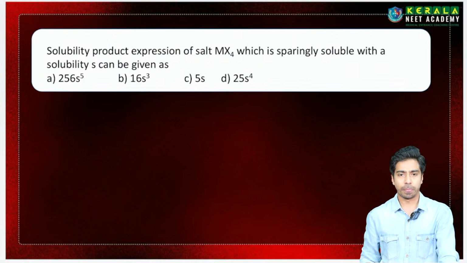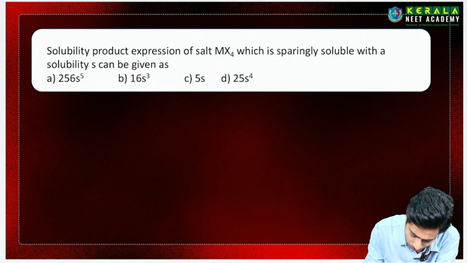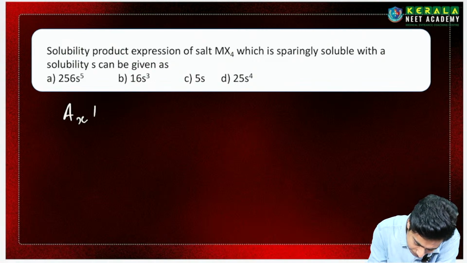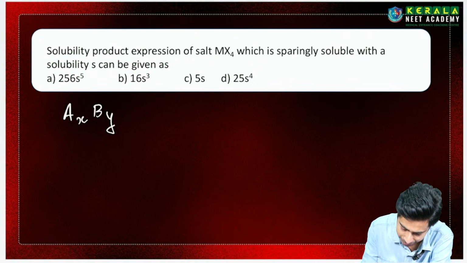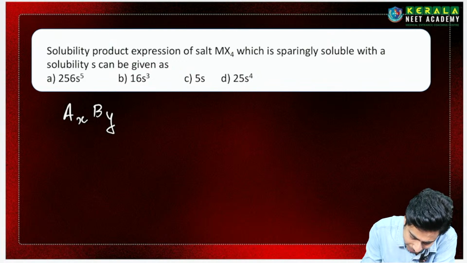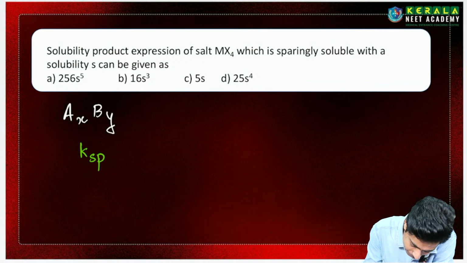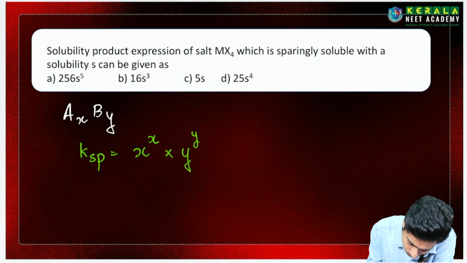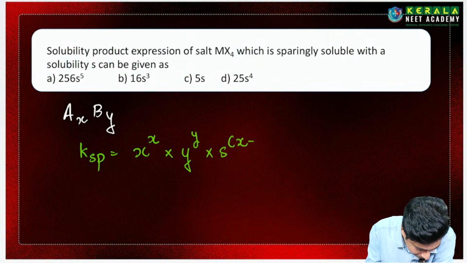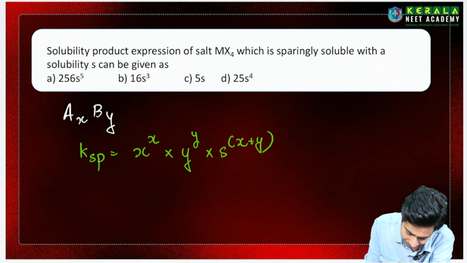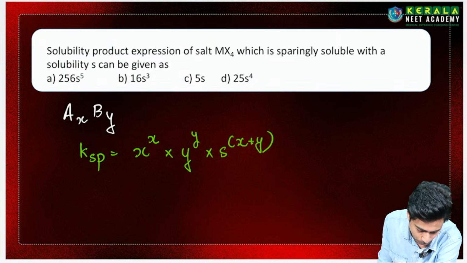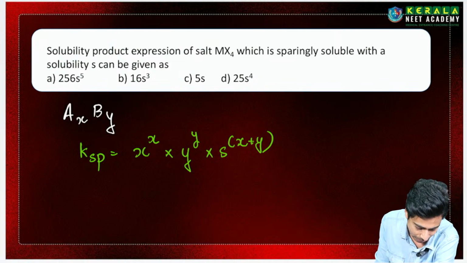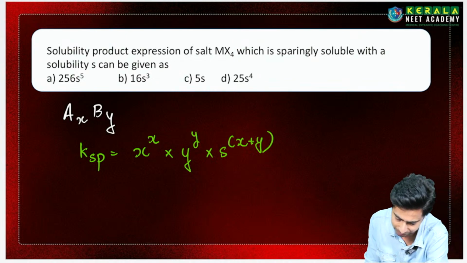If you have a salt of the type AxBy, then for the Ksp value we have the equation Ksp is equal to x raised to x into y raised to y into s raised to x plus y.